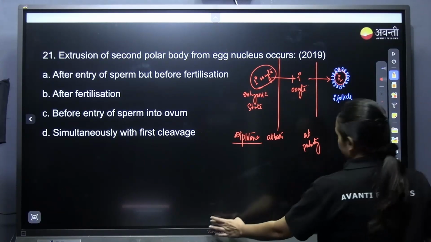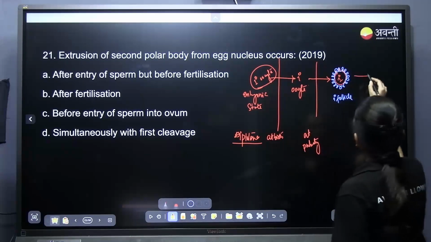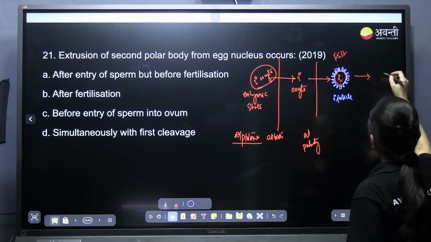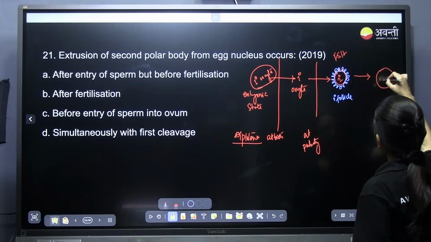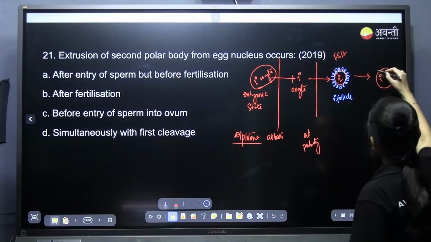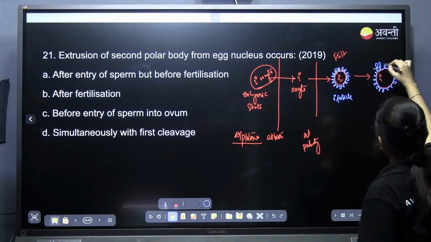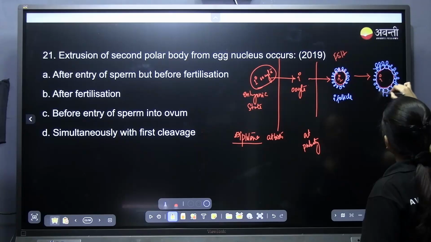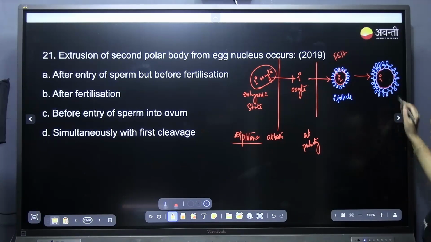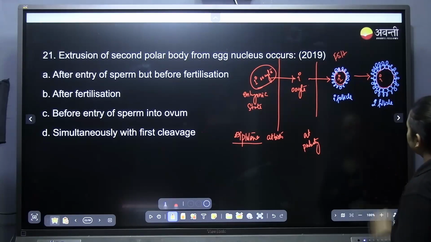Then again this undergoes changes, because FSH will be released at this point of time. It is again primary oocyte only. The follicular stages go on adding, and this becomes a secondary follicle.